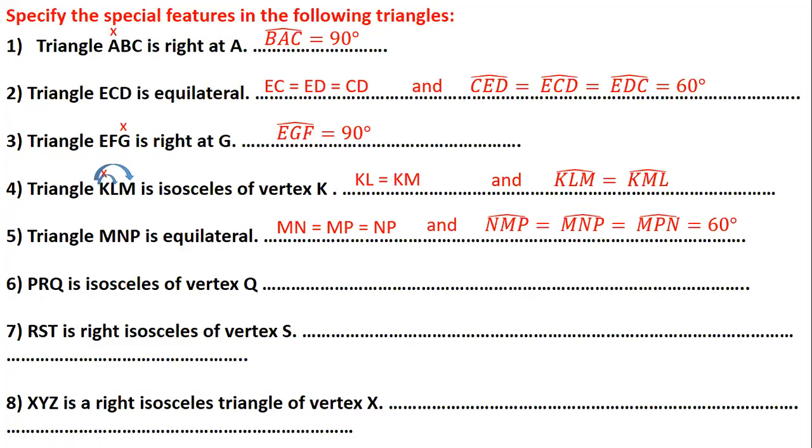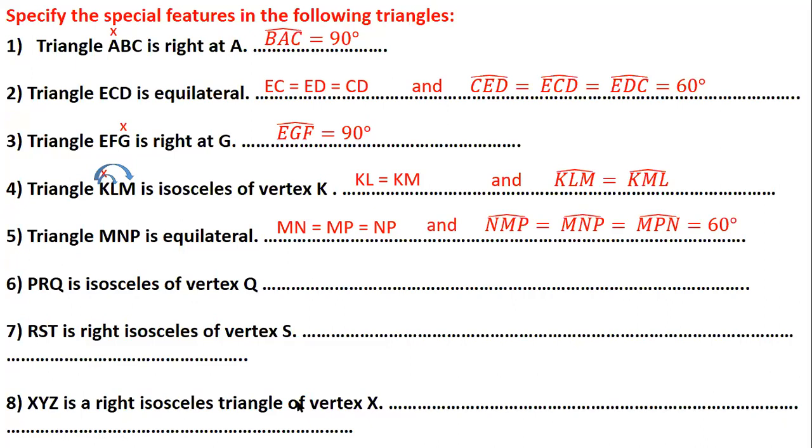Now I want to ask Lin Khalifi. Yes, Lin. In number 6, triangle PRQ is isosceles of vertex Q. What does an isosceles triangle have? 2 equal sides and 2 equal angles. Yes, 2 equal sides and 2 equal angles.